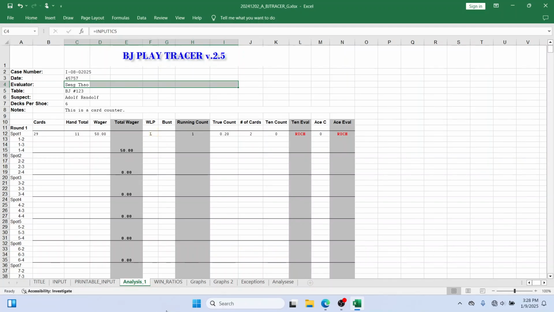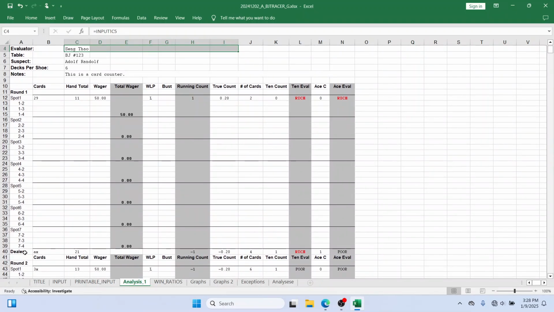The play was a loss. The running count is 1, or +1. If I scroll down here, you see the dealer has a blackjack, an ace and an X, or a 10, for a total of 21. So the dealer wins, player loses.